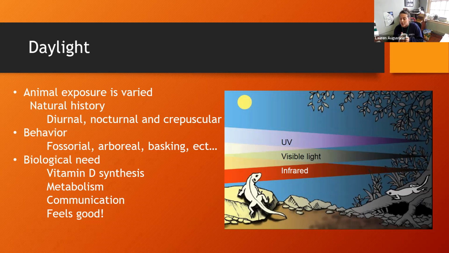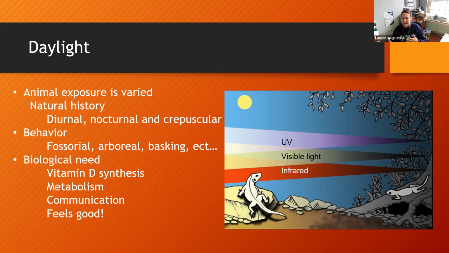And then their behavior. So even if they are diurnal, are they basking in the sun? Are they hanging out in the shade? What is their behavior during the day that will dictate their direct exposure to the different spectrums? And then their biological needs. There are studies on captive animals that show that animals, for example, with high calcium, high vitamin D diets will not seek out UVB light as readily as the same genus, the same species that does not have that in their diet.